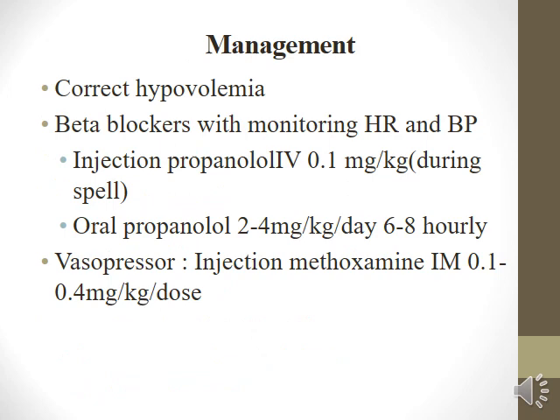Correct hypovolemia. We have to give a venous bolus, beta blocker with monitoring of heart rate and BP. Injection propranolol IV 0.1 mg per kg, or metoprolol can also be given. Oral propranolol 2 to 4 mg per kg per day, 6 to 8 hourly. Vasopressor: we can use methoxamine IM 0.1 to 0.4 mg per kg per day.